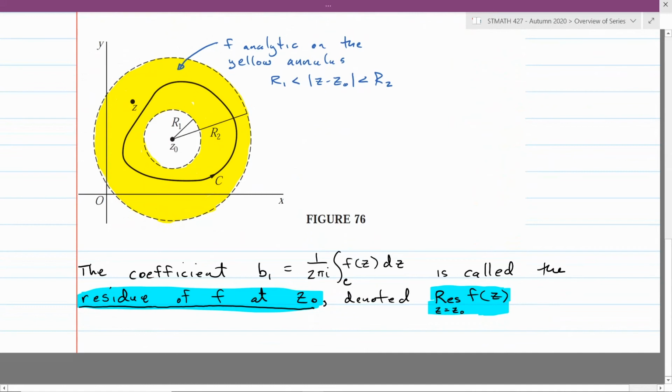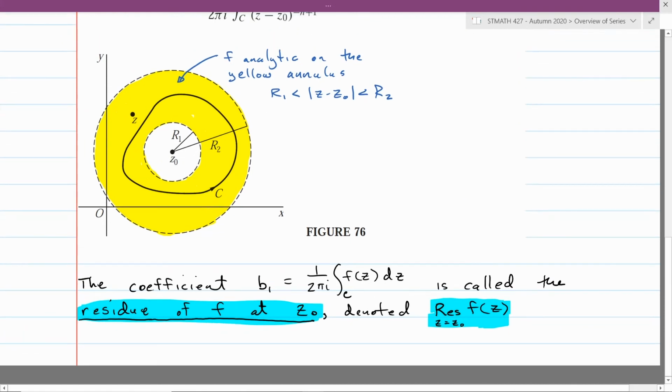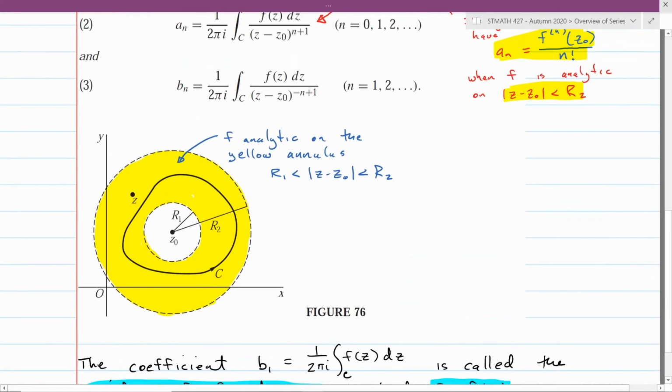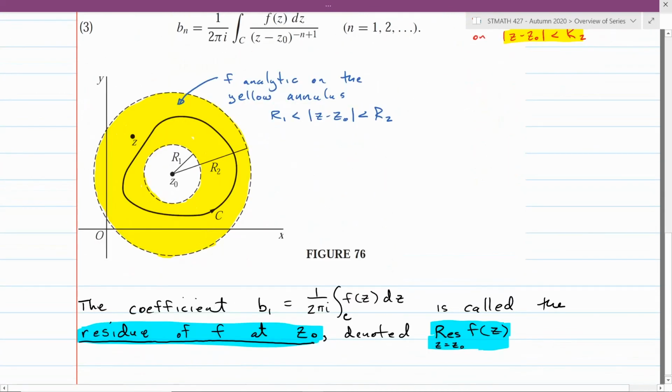And in particular, there's one coefficient that plays a central role in the calculation of integrals. It's the first coefficient of the negative part of the series, the part in blue. So the coefficient b sub 1, which is just 1 over 2 pi i times the integral round c of f of z dz.